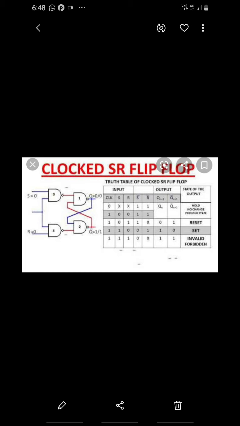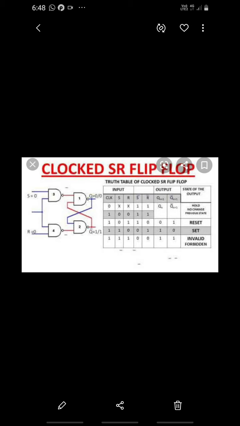So in the above PPT is shown the truth table of the clocked SR flip-flop. Here clock, S and R are the inputs, and S bar and R bar are also inputs, and outputs are Q and Q bar, and the state of the output is shown in the PPT.